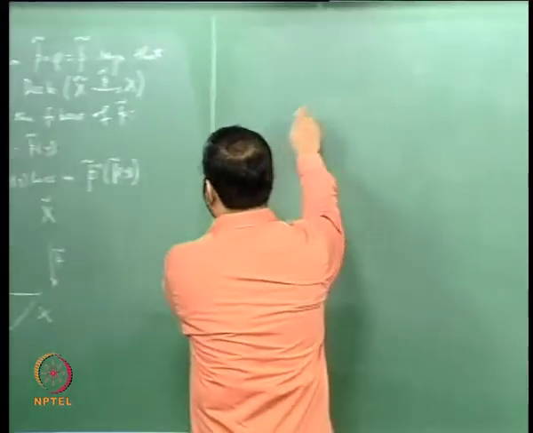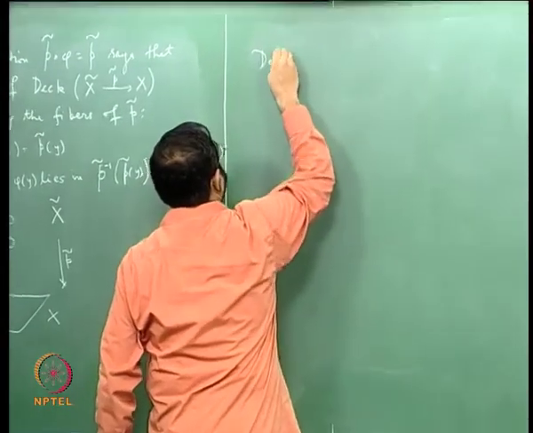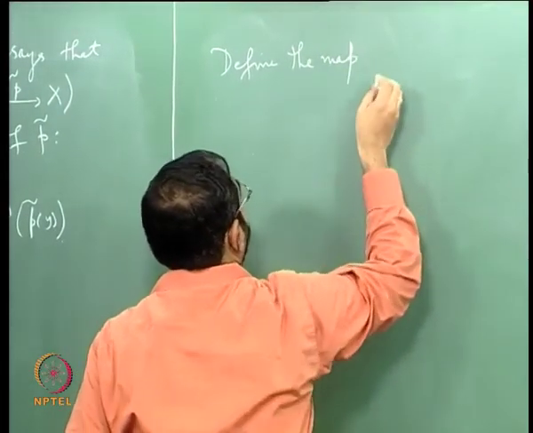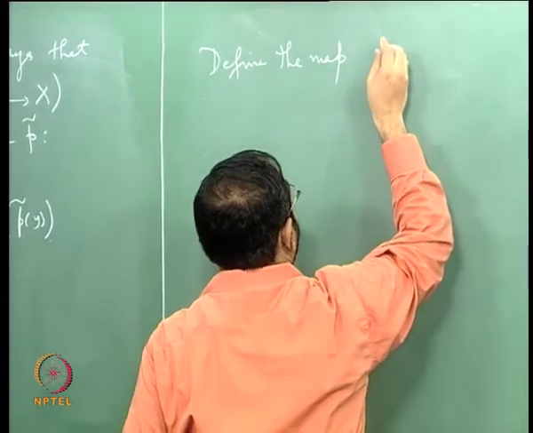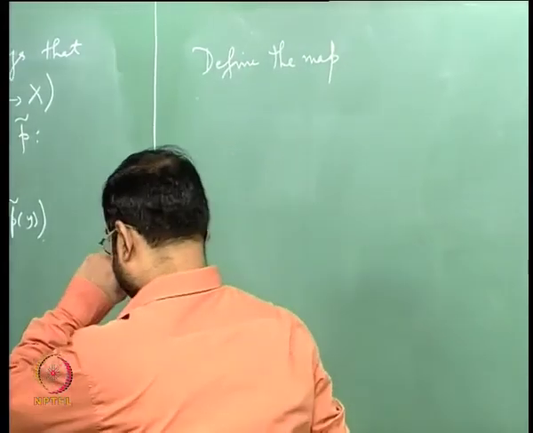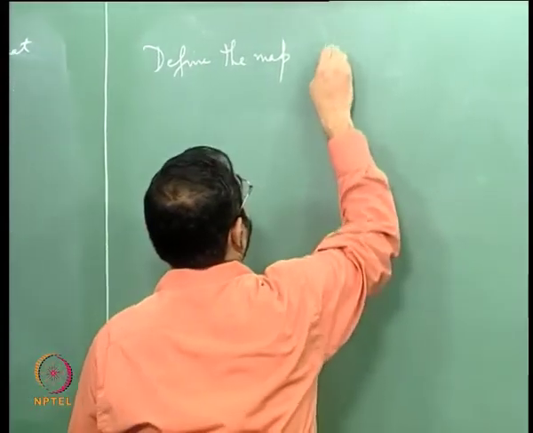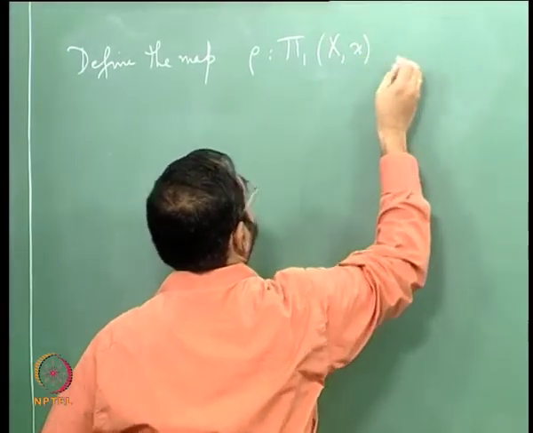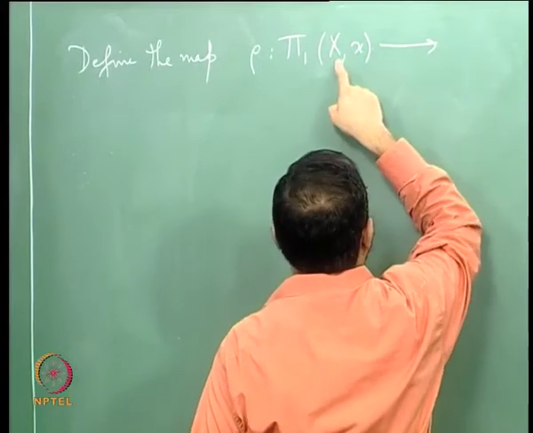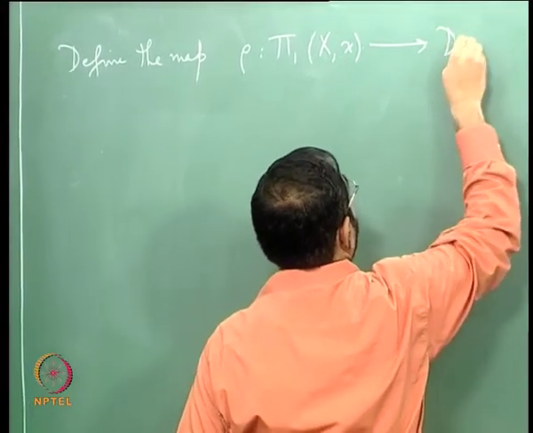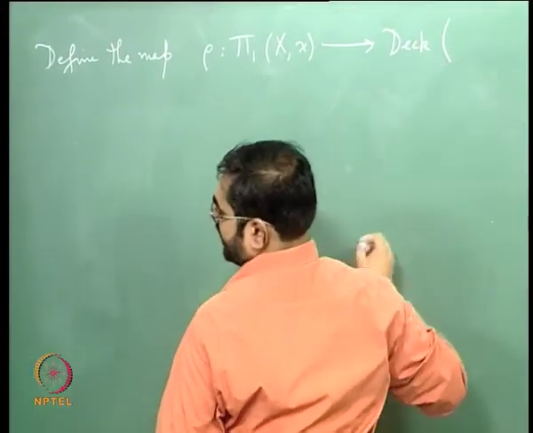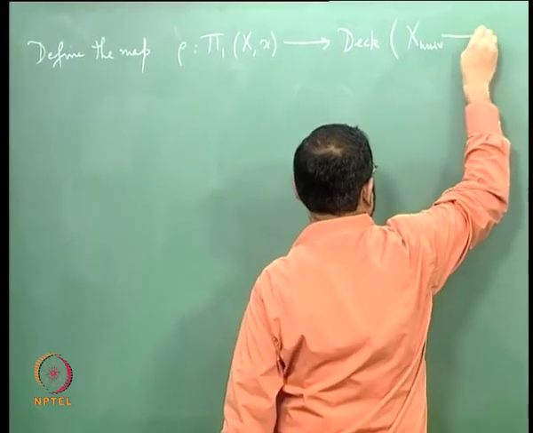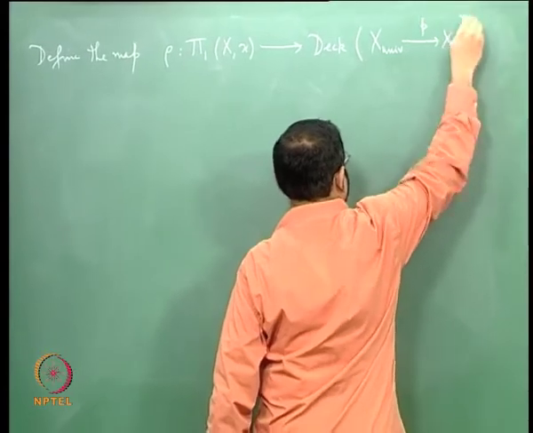So define the map. So here is the map rho from the fundamental group of X based at small x to the deck transformation group of, so I am now going to take the universal cover that we constructed.